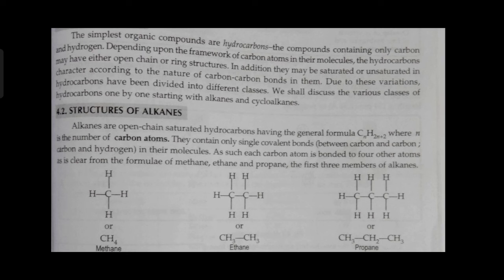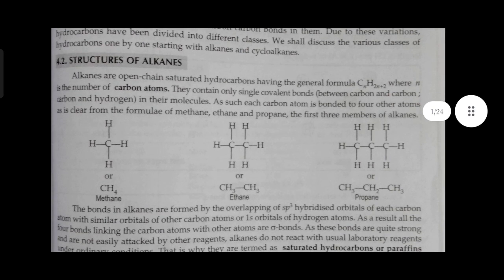As such, each carbon atom is bonded to four other atoms, as is clear from the formulas of methane, ethane, and propane, the first three members of alkanes. Methane is CH4, with 4 hydrogens bonded to the carbon atom by single bonds. Ethane is CH3-CH3, and propane is CH3-CH2-CH3.